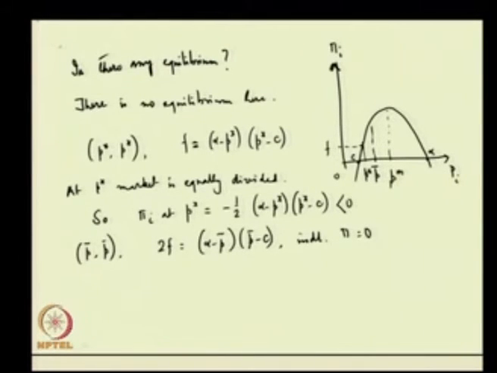But this is not an equilibrium, for the reason that each firm will have a tendency to undercut the other firm and earn a positive profit. At any price less than P bar, you are getting the entire market rather than sharing the market, and your profit will be positive then. So, by this logic, there is no equilibrium.